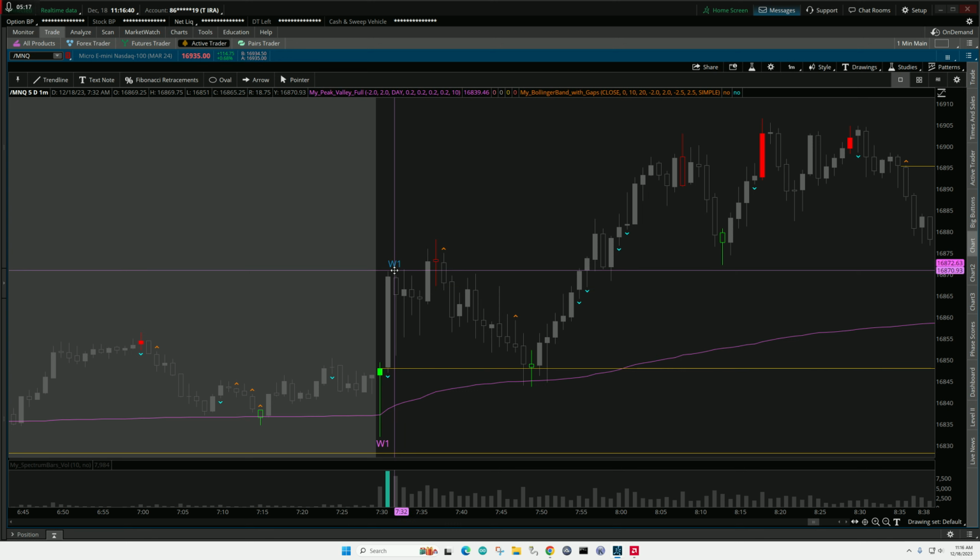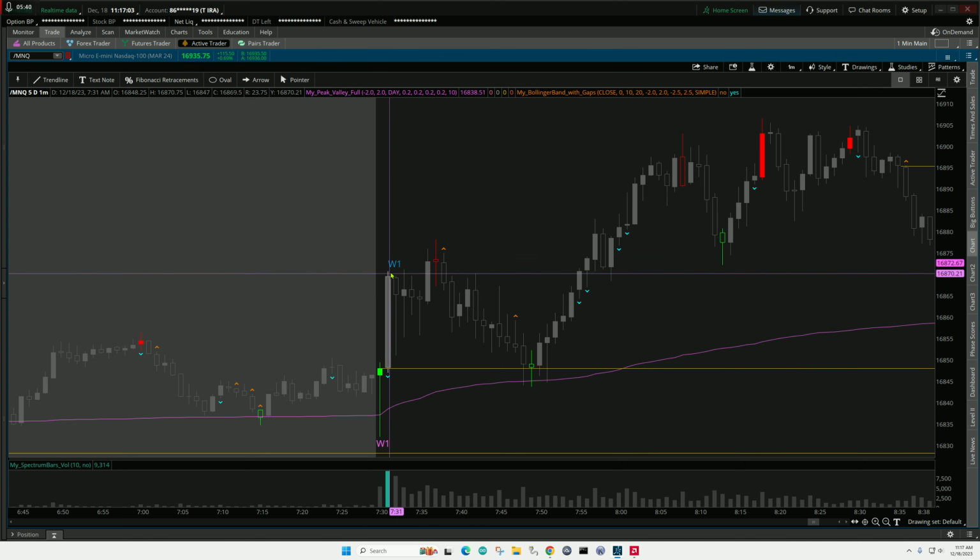In order for waves to be created, you have to have candle body under candle body and candle body over candle body. So this is the pullback, and then we get a move up. Then you get this secondary move down, and you get candle body under previous wave.